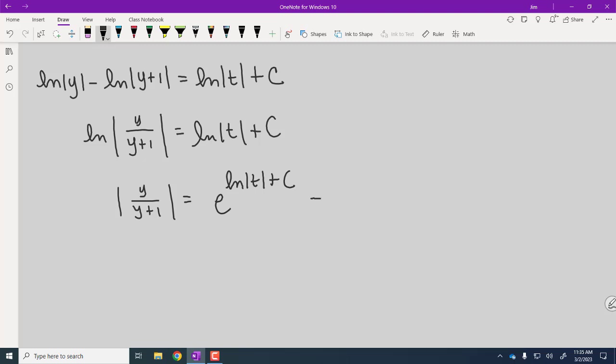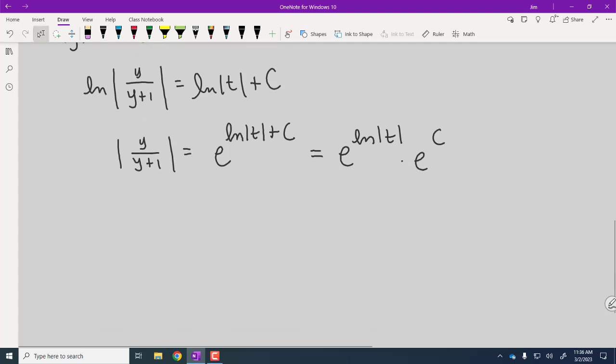Can we use an exponent rule here? Yeah. This is going to be e to the natural log absolute t times e to the c. E to the a times e to the b is e to the a plus b. Okay.